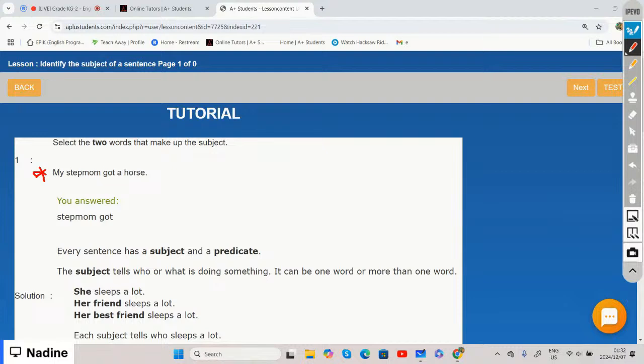And remember, I said a subject tells us who or what is doing something. It can either be one word or more. We need to select the two words that make up the subject. My stepmom got a horse.